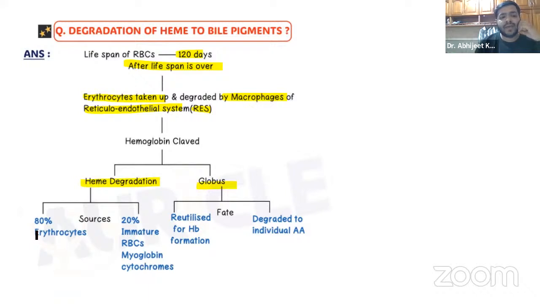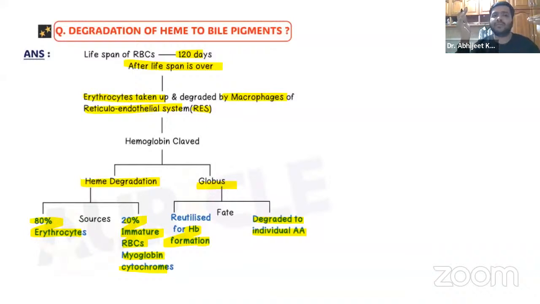So the heme, 80% comes from the erythrocytes, and 20% from the immature RBCs, myoglobins and cytochromes. When we talk about the globin part, it is again reutilized for hemoglobin formation, or it can be degraded to individual amino acids. Globin is a protein, guys, and protein is degraded to amino acids. So that is something you already know.